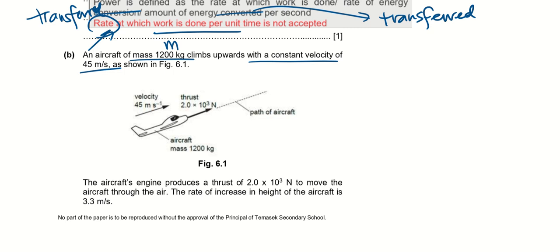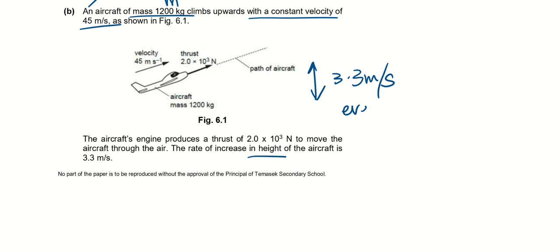The rate of increase in height is 3.3 meter per second. So this is in terms of vertical height. It is increasing by 3.3 meter per second. That means every second the vertical height increases by 3.3.